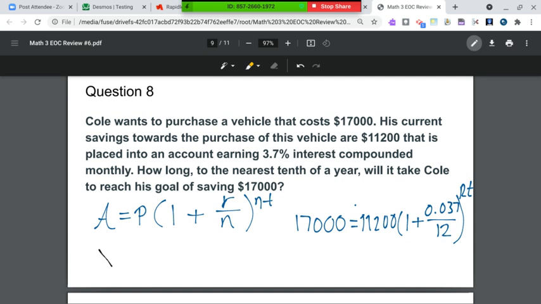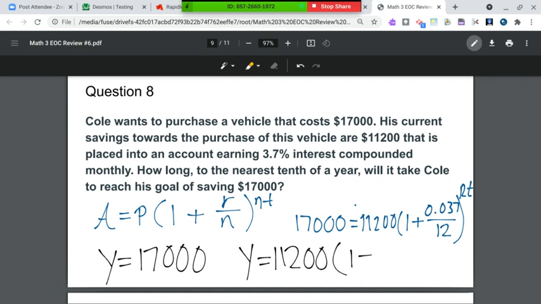In Desmos, we're going to create 2 equations. Y equals 17,000. And your second equation is going to be y equals 11,200 times 1 plus 0.037 divided by 12, raised to the 12x. Obviously, Desmos recognizes x and y, so I'm not going to put t in, but I really am finding the t.